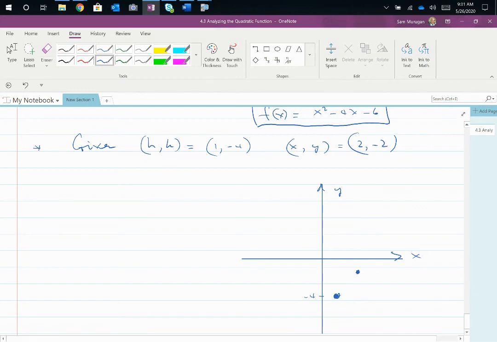Okay, so this is a pretty good indication that the graph is turned upwards, yep? All right, so let's do this real quickly.